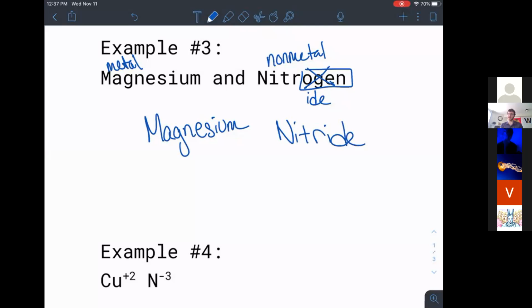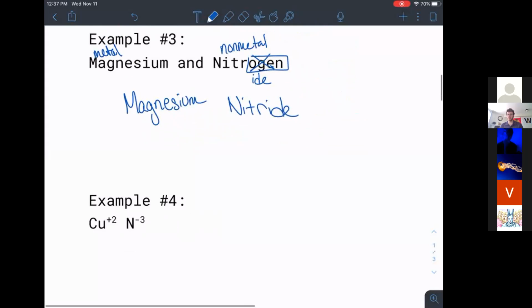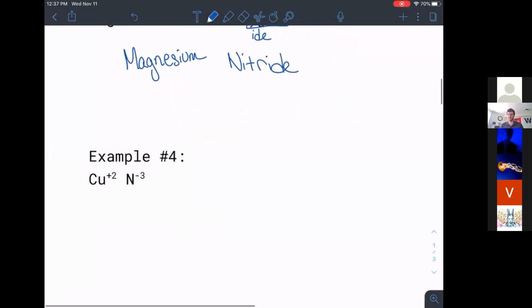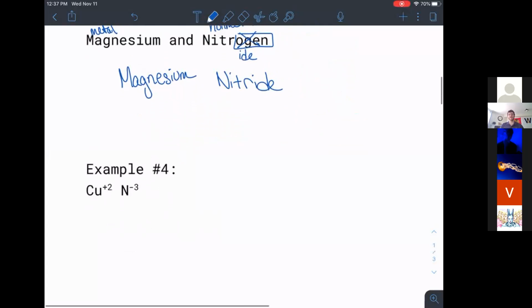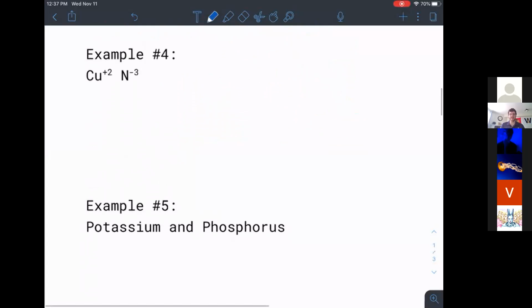Do you guys think you can try the next two on your own? All right. So try the next two. In example 4 and example 5, when you finish, send me your answer in the chat. Just type out the name. If you're trying to do Roman numerals for either of those problems, just type 2 I's, capital I's. That's how we're going to write Roman numerals. So write out the names and send them in the chat.